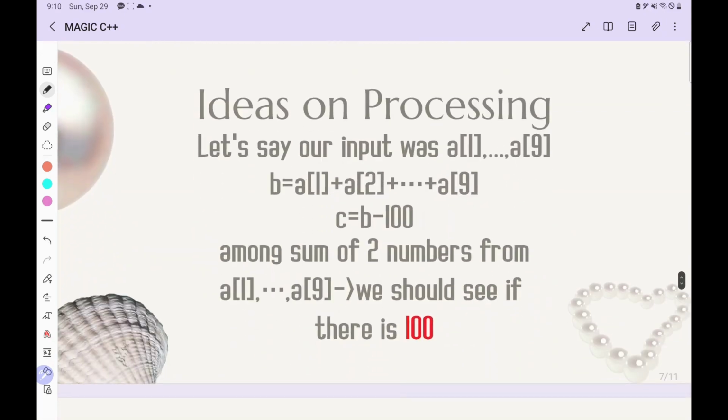So the idea in processing, let's just say our input was A1 all the way to A9, and B equals A1, A2, A3, A4, A5, all the way to A9, all summed. Then, let's just say C equals B minus 100. Among sums of two numbers from A1 to A9, we should see if there is, not 100, but importantly, a C. If you find two numbers that add up to C, the 7 numbers left over will add up to 100.